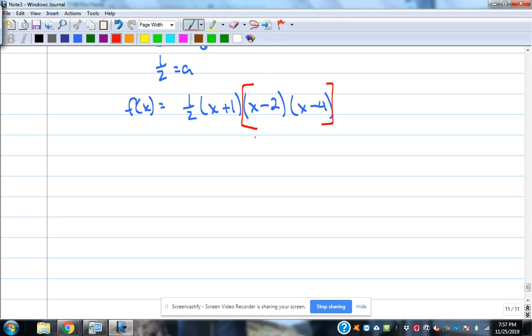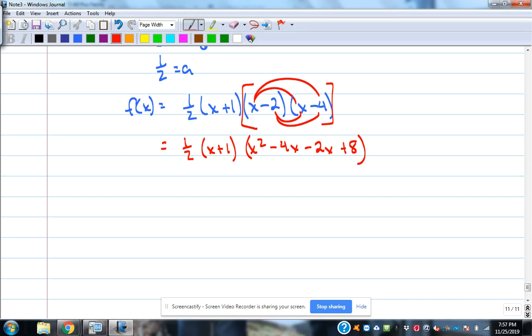So x times x is x squared. X times -4 is -4x. -2x. +8. I'm going to wait and do that fraction very last. I don't want to mess with fractions until the very end. Okay. So I'm going to simplify that a little bit.